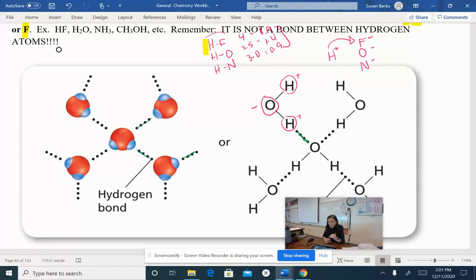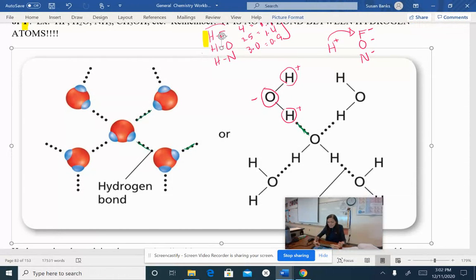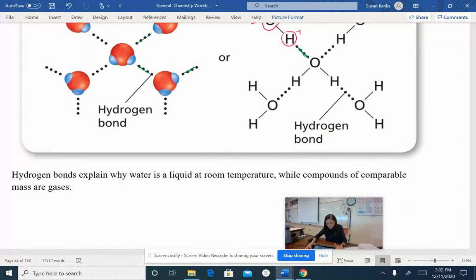And this is why water expands when it freezes instead of contracts. All of the really fun properties of water are all due to hydrogen bonding. Okay? Basically, biology would not happen without hydrogen bonding. So this intermolecular force of hydrogen bonding is why life exists. Honestly, truly. Okay?